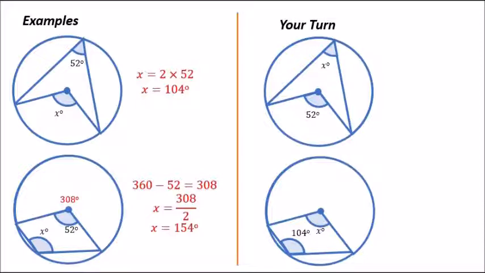Then the angle at the circumference is going to be half of that. Therefore, x is going to be 154 degrees. Copy that down. Make any notes on it that you need to. Once you're done, have a go at the questions on the right.